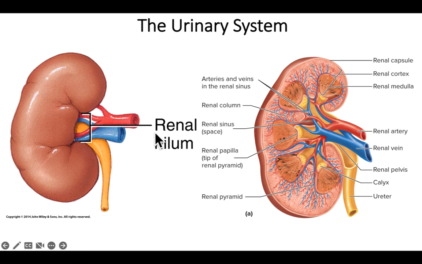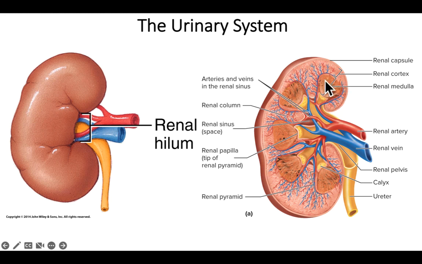When we look at the inside of the kidney, there's an outer layer called the renal cortex. So that's this layer out here. You see some little blood vessels out there. It kind of goes down towards the center of the kidney and forms these columns, which separate out what's known as the renal medulla, which is made up of renal pyramids. Notice that these are kind of triangular.